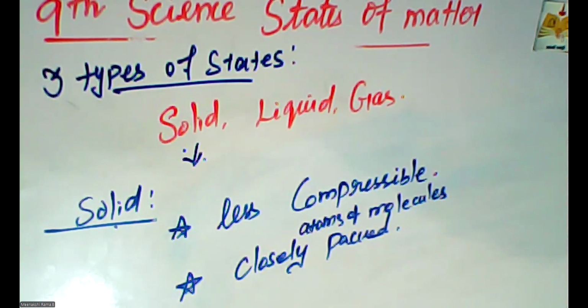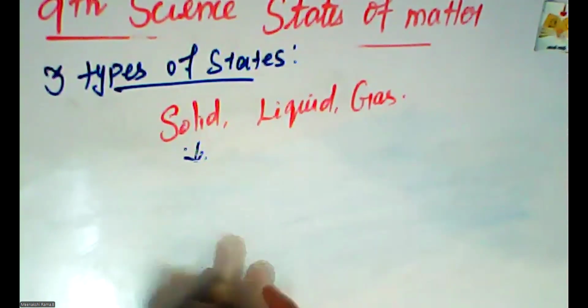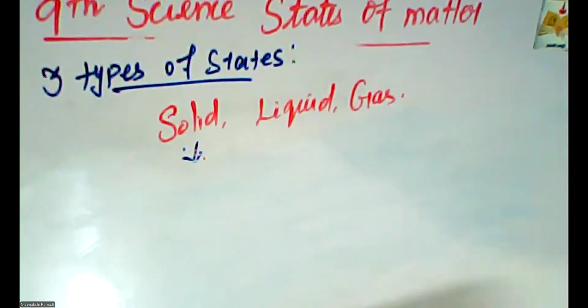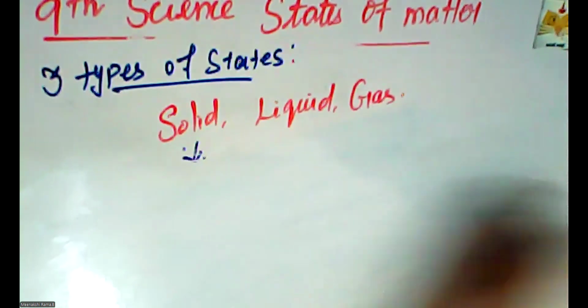The first one is the solid state, with definite shape, definite volume, definite mass, and less compressibility. We need energy to break these materials because the atoms and molecules are tightly packed. Next we are going to learn the liquid state.